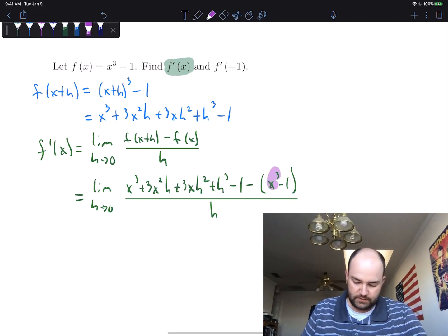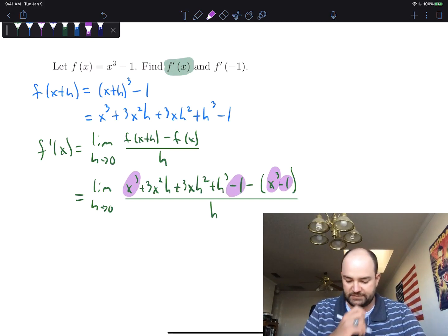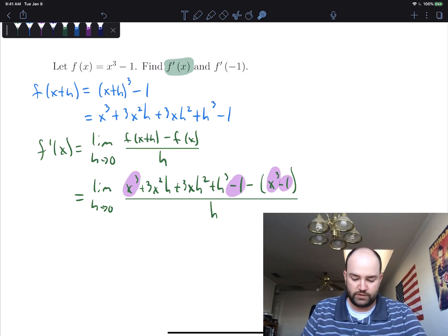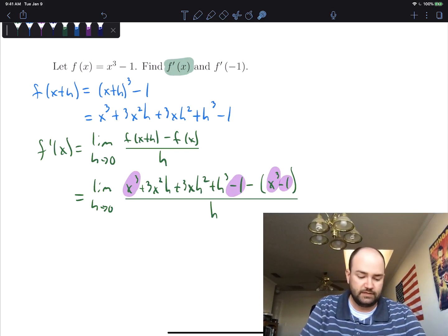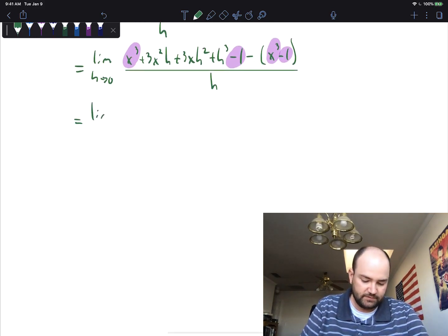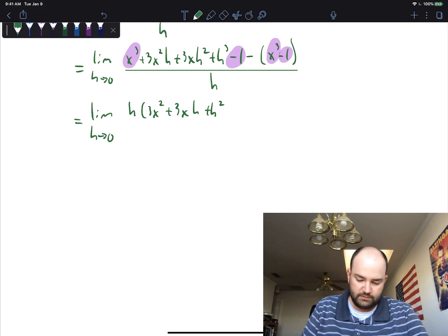And then all of that over h. Awesome. Notice the x cubed here and here cancel, and the negative 1 here and here cancel, because we're subtracting. And now notice that what's left over in the numerator, every one of those terms has an h. So we're going to go ahead and factor that out and go from there. So this is going to give me the limit as h goes to 0 of h times 3x squared plus 3xh plus h squared, and that's it.